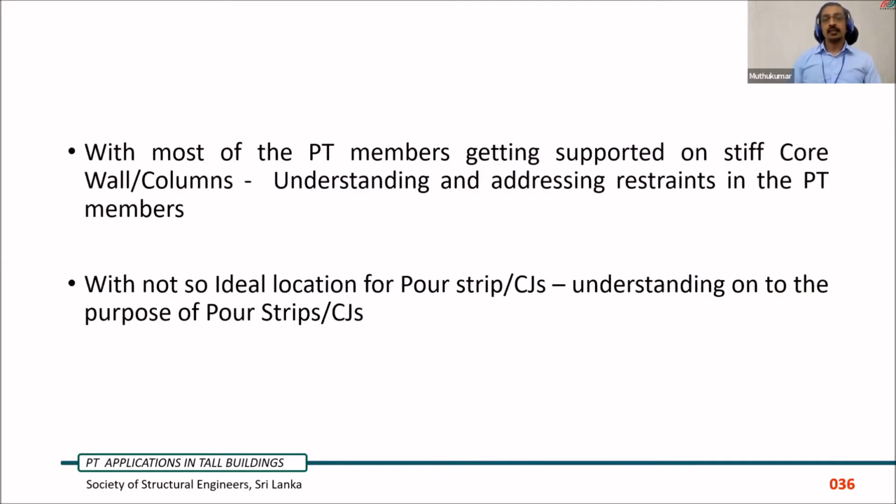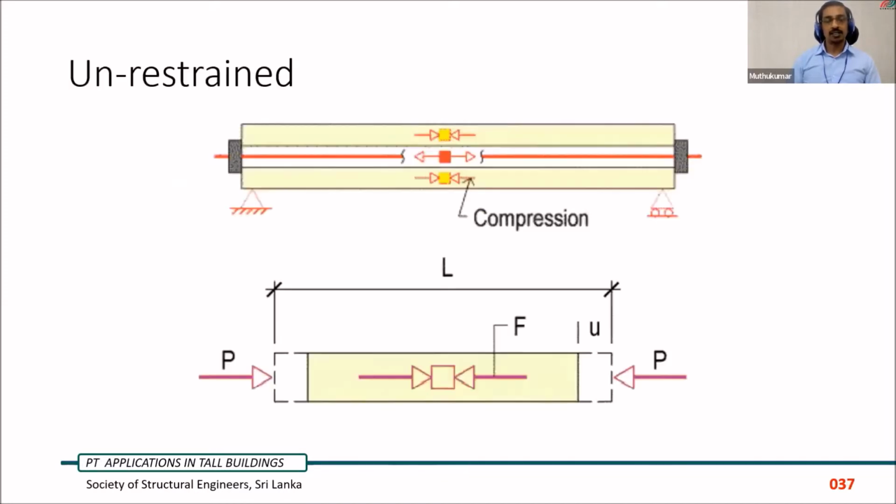These stiff columns and stiff core walls will definitely create a kind of restraint to our PT members. And when we are not able to get the ideal post-strip locations, we need to be careful while addressing these stiff core walls and columns.